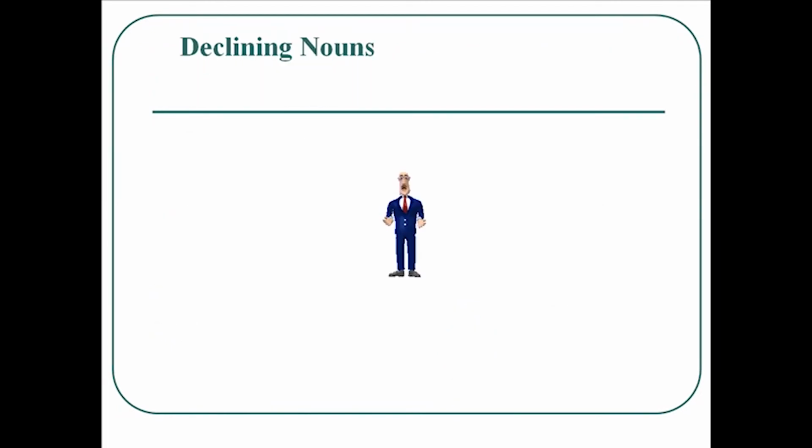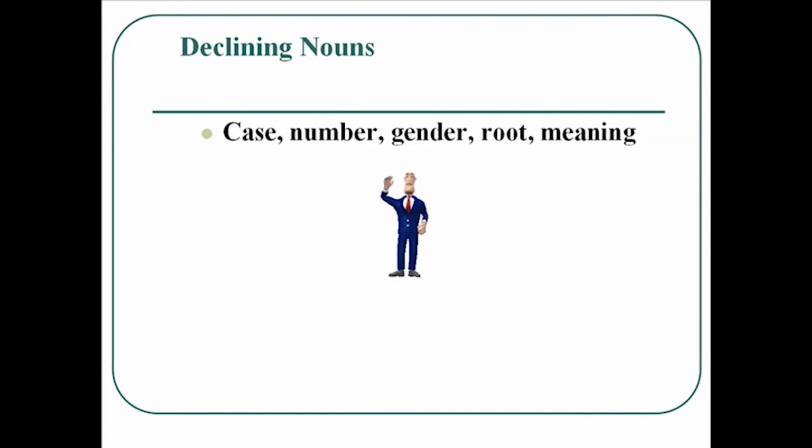As we learn to parse verbs, for the nouns we'll learn how to decline the nouns. The form that we'll use is the case, followed by the number, the gender, then we'll give the root of the word, and then the meaning.